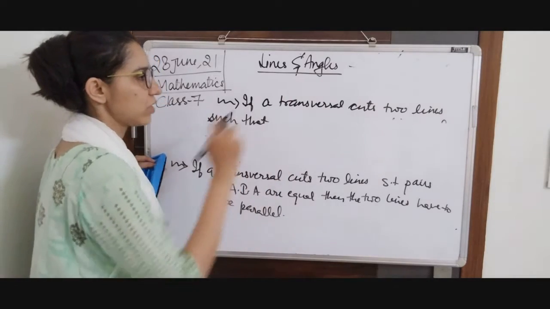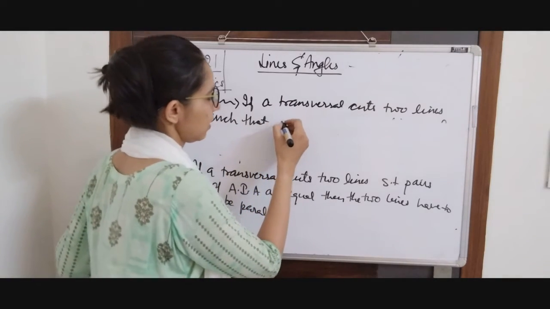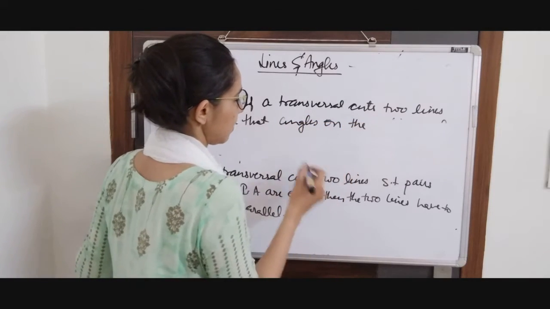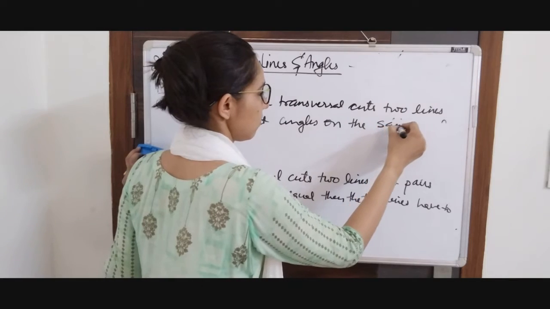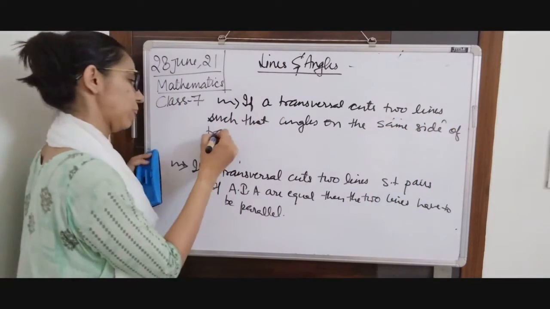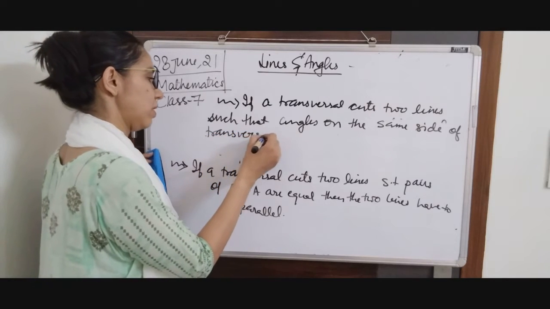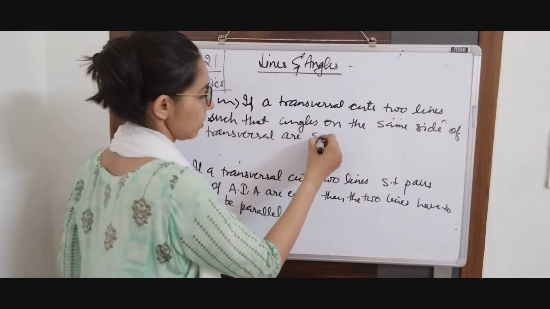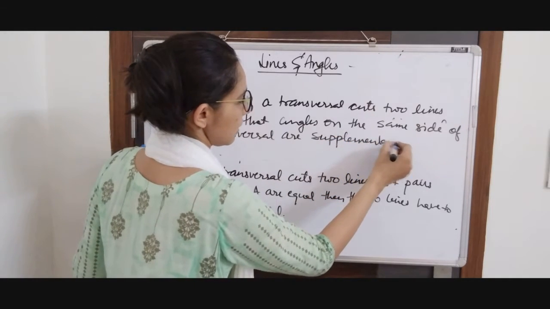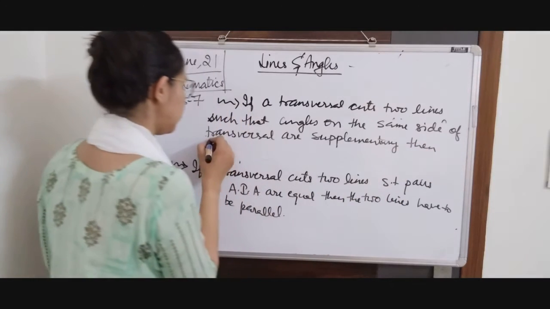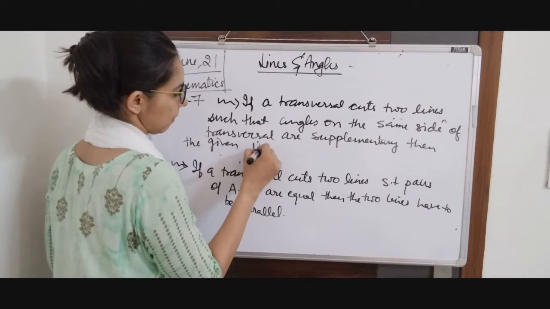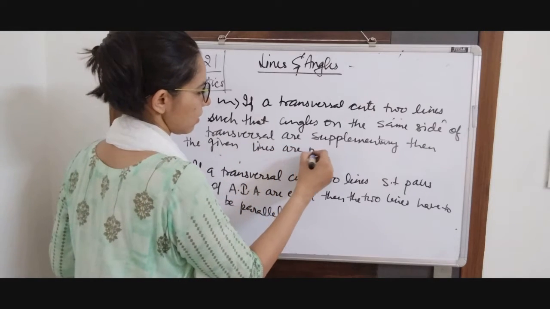Third is, if a transversal cuts two lines such that angles on the same side of the transversal are supplementary, then the given lines are parallel.